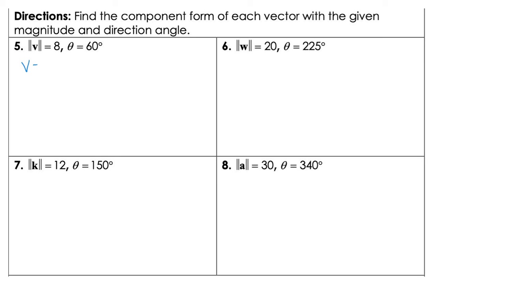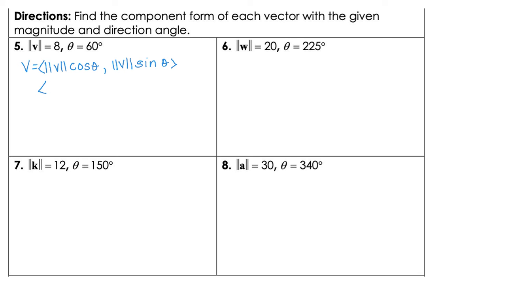We would have the magnitude of V cosine of theta, comma, magnitude of V sine theta. That's what we had. So let's plug this in.